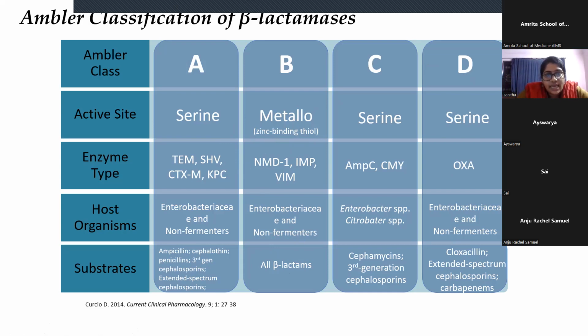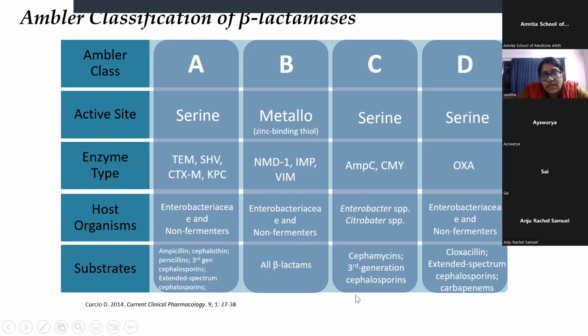Type A can destroy ampicillin, third generation cephalosporins and extended spectrum cephalosporins. Type B is notorious. It can destroy all the beta lactam antibiotics. Type C destroys third generation cephalosporins and cefamycins. Then type D can destroy carbapenems.